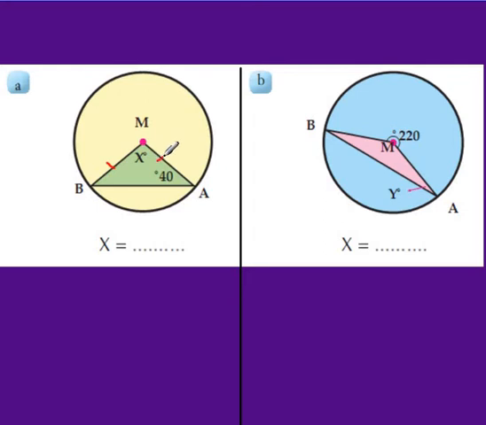Then measure angle B equals also 40 degrees. To find measure of angle M, x degrees equals 180 minus (40 plus 40) equals 100.